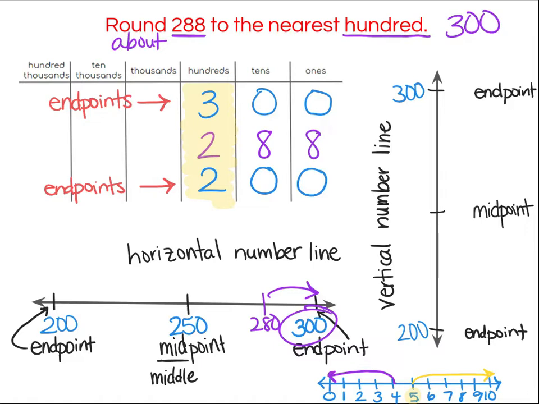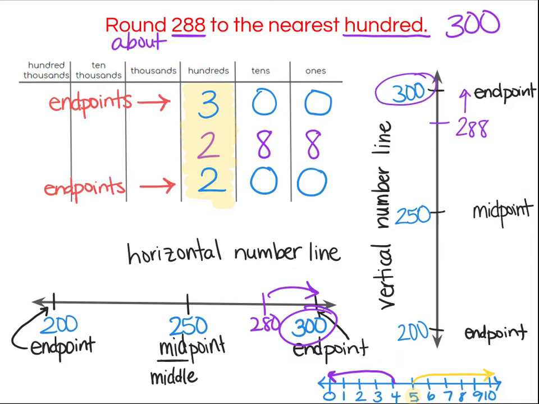The midpoint is exactly halfway between 200 and 300, which is 250. Again, we look at our number we need to round, 288, and we decide, is that above 250 or below 250? It is above 250. So our number 288 rounds up to 300.